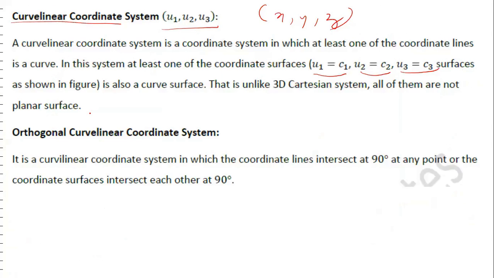And if one of the coordinate surfaces is a curved surface, then that coordinate system is called a curvilinear coordinate system.